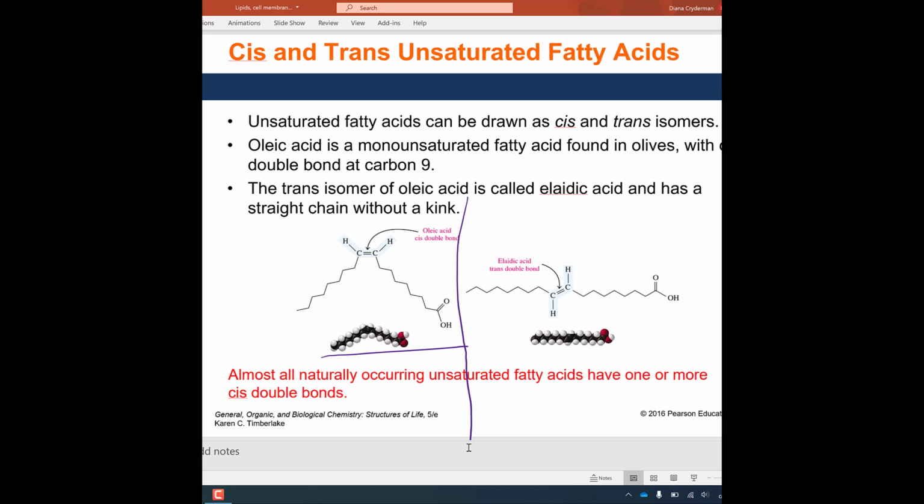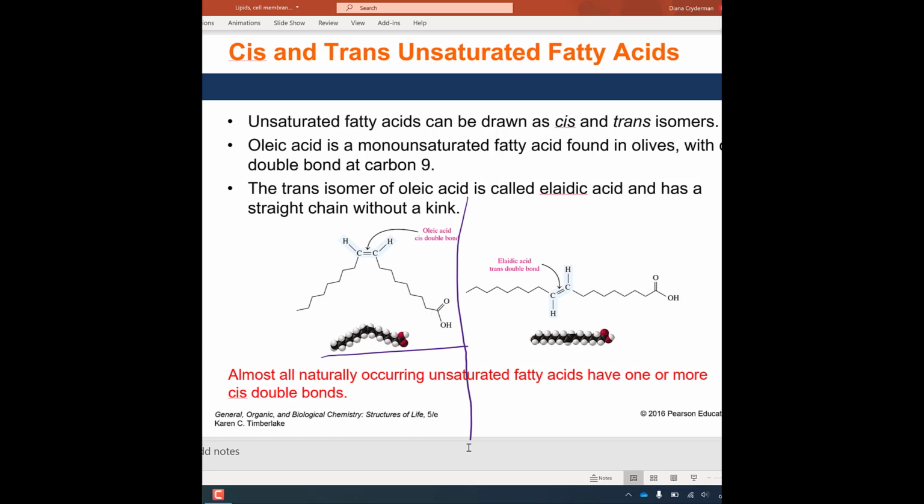So it's a monounsaturated fatty acid found in olives with 1 double bond at carbon number 9. So 1, 2, 3, 4, 5, 6, 7, 8, 9. Okay, so carbon number 9, and it is cis. And you see it gives us this kink. Okay, so that kink is really important.